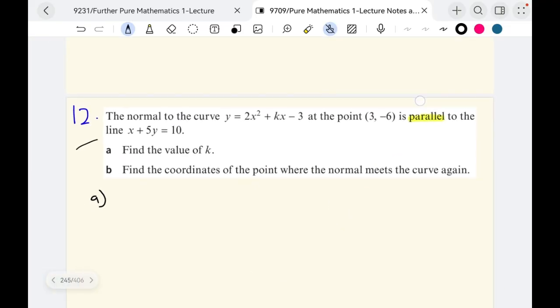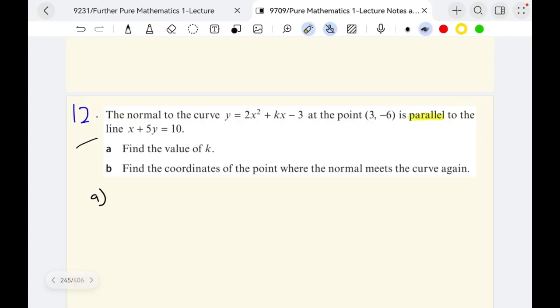So the first thing is, take a look at the equation of the line, and convert it into the intercept form. Not the standard form, it's an intercept form anyway.